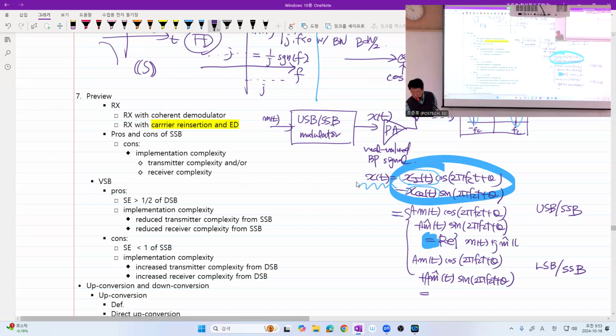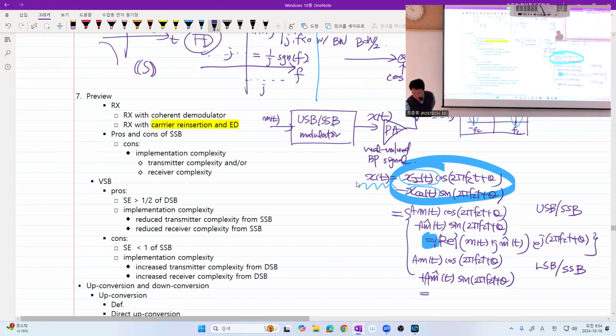Complex baseband times complex sinusoidal signal. Got it? So use your pen, whether it's a ball pen or sharp pencil or some tablet. From here to here, it must be instant. Got it? So have a lot of practice.